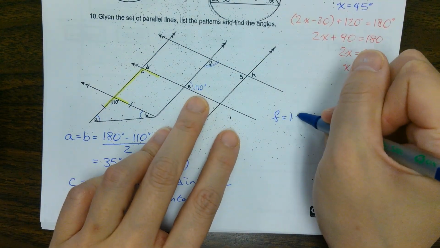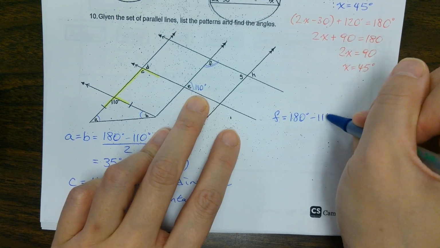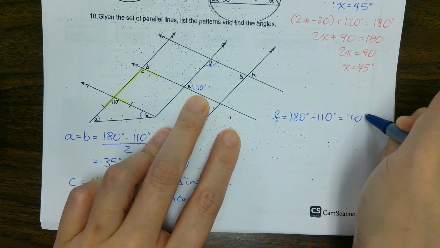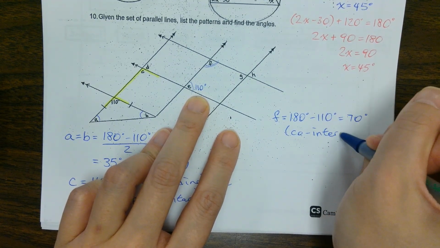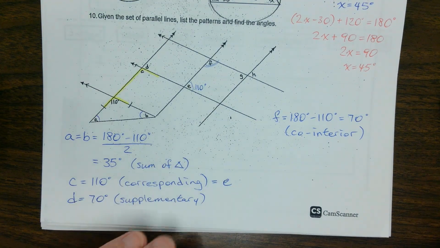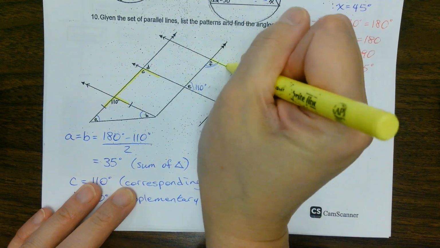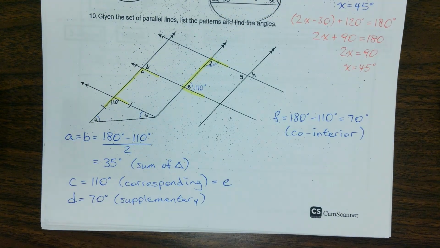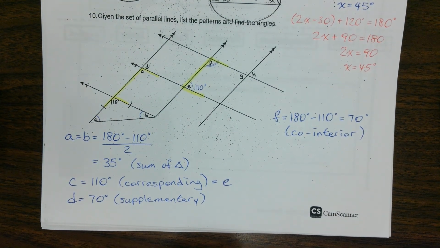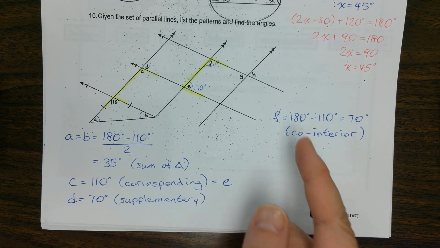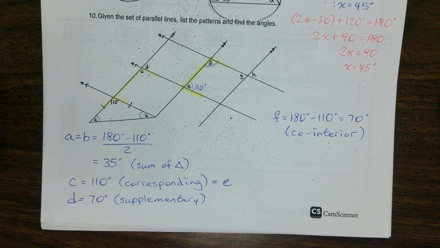F is 180 minus 110, which is 70, and the reason co-interior is the C pattern. Okay, so on the test, if you just write C pattern, you're not getting the mark. Not even half. So that's reasoning. It's still a C, but C is just like our lazy way of remembering. Remember something at least. But now remember the formal name.